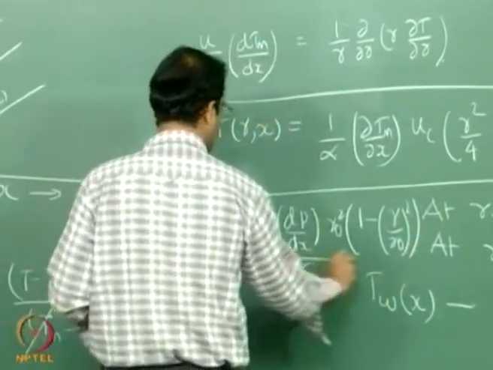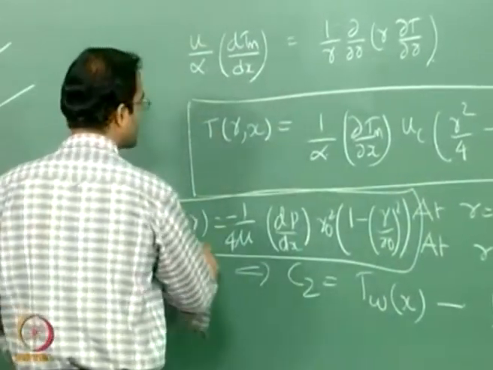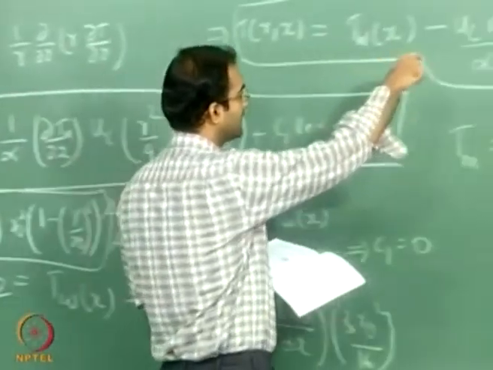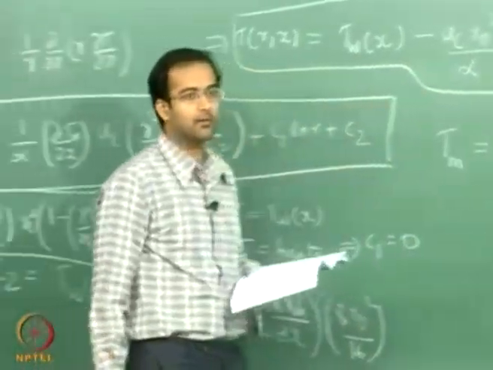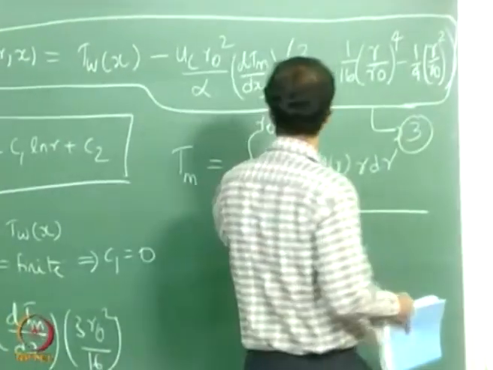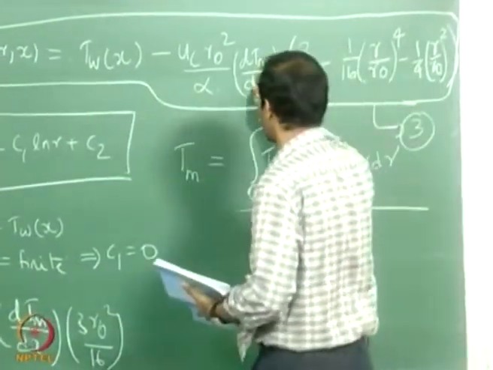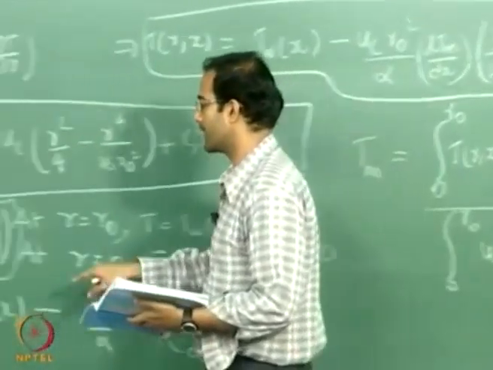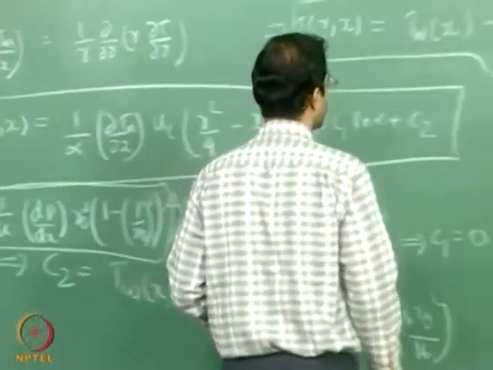So this is your velocity profile and this is your temperature profile right here. So you have to plug both these inside, and dTm by dx is a constant, dP by dx is a constant.